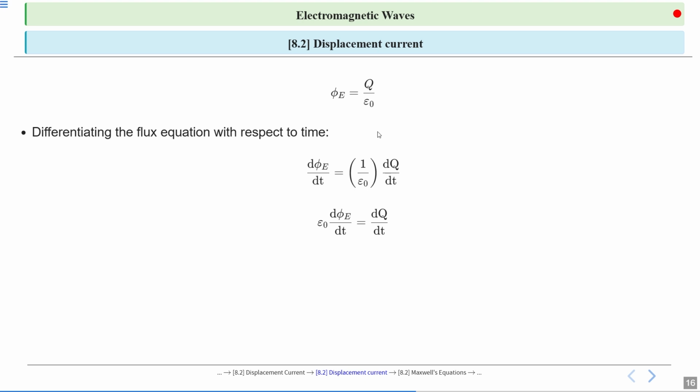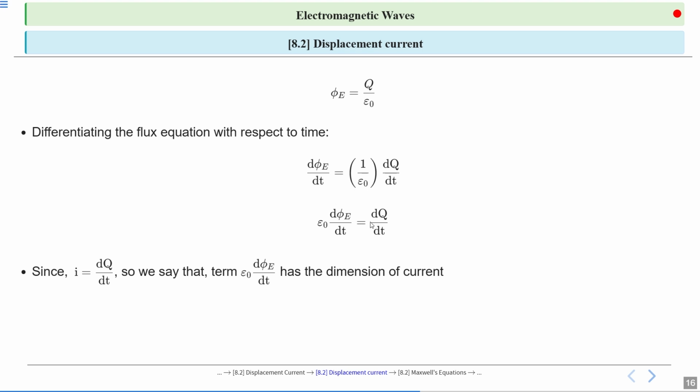Now we can shift epsilon naught to the left-hand side, so epsilon naught d phi E upon dt becomes equal to dq by dt. This dq by dt is equal to current. That's why we call it displacement current.